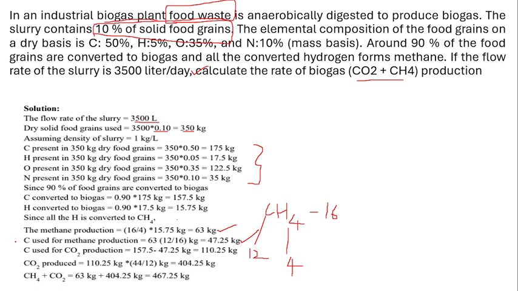Now we know the amount of carbon used for the methane production. With this, you can easily find the amount of carbon required for the CO2 production, just by subtracting the amount of carbon used for methane production from the total carbon converted to biogas. So 157.5 minus 47.25 will give you the amount of carbon exactly used for the carbon dioxide production.